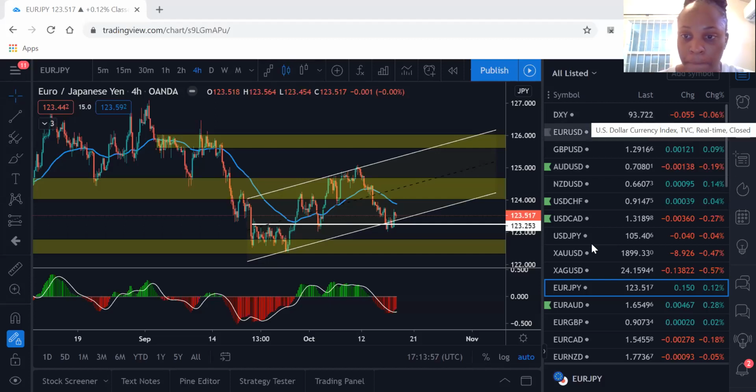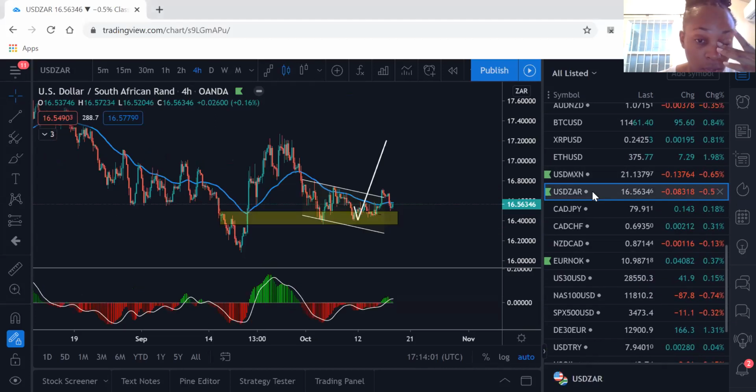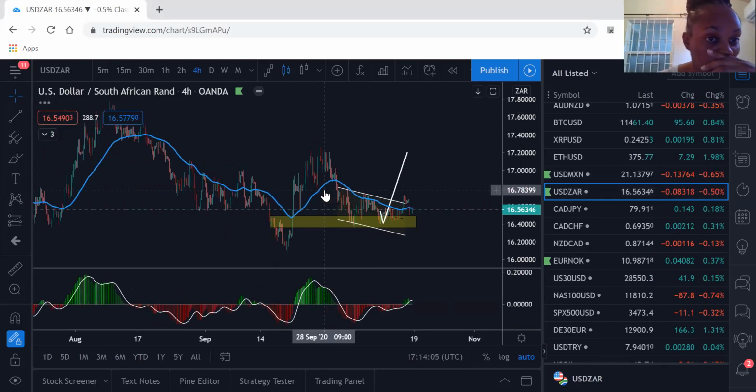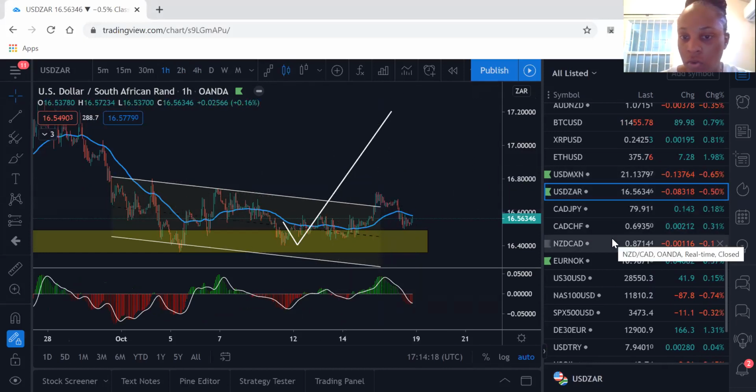Anyhow, I think it was there. There was some pattern that we traded recently, because I know there's a head and shoulder here. I can't remember.